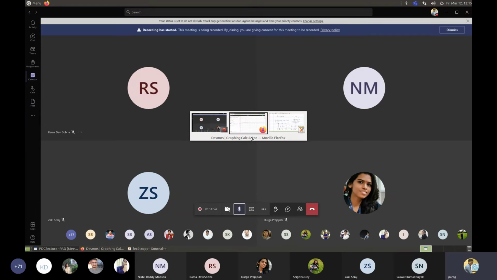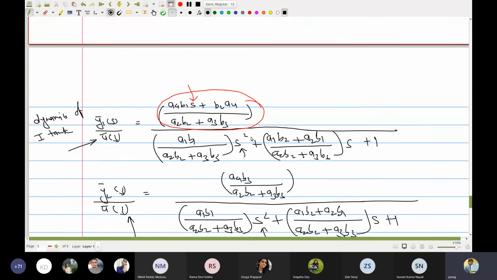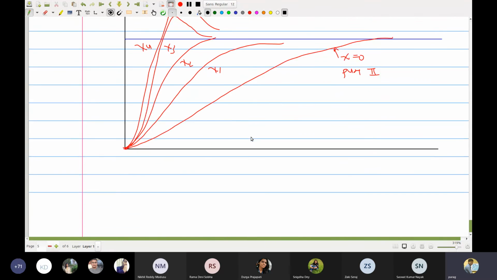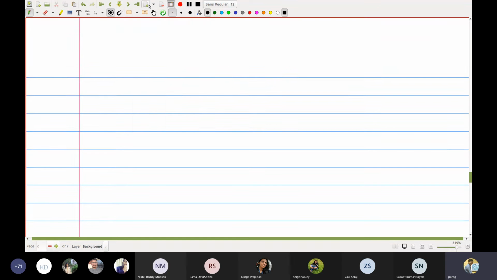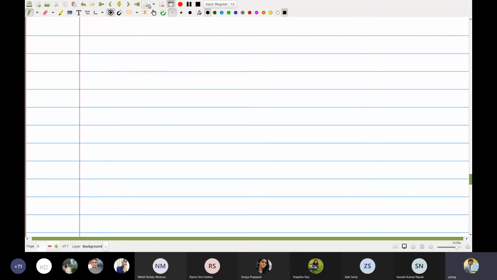Okay, so let's continue. Now, in all the cases where we saw these transfer functions, these were single input systems. Now, what if you have multiple inputs?